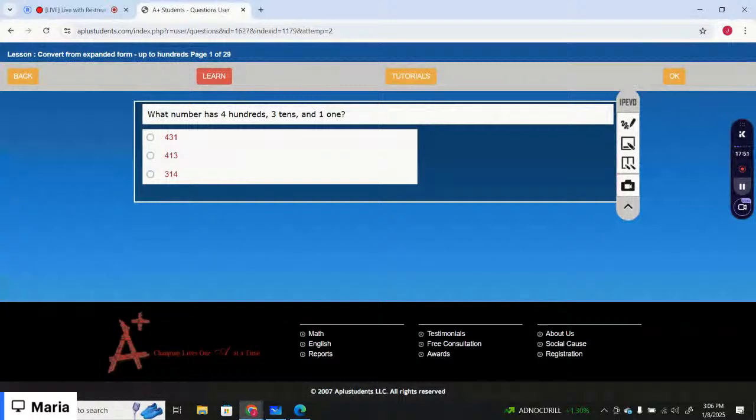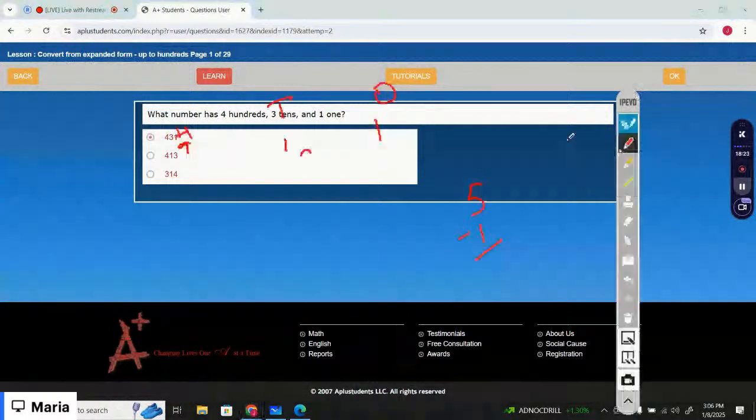Which is the correct option? That is 431. Option number one is the correct option.